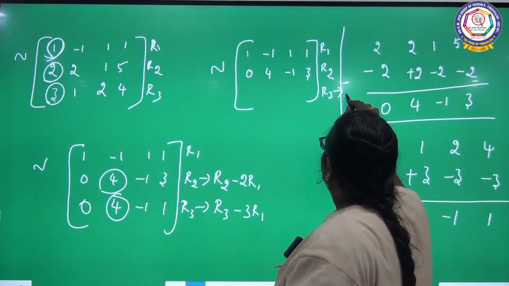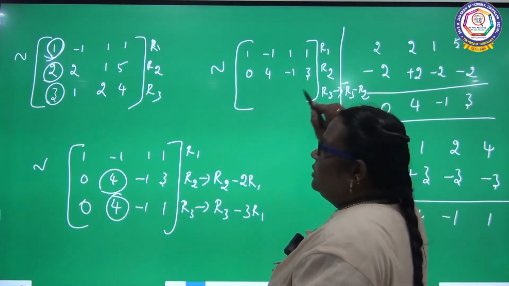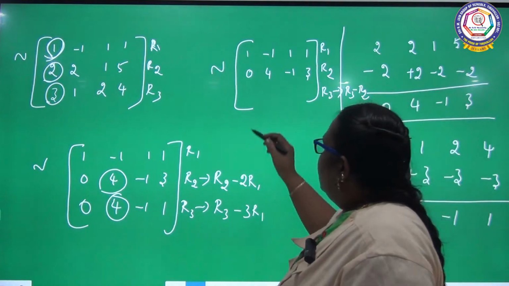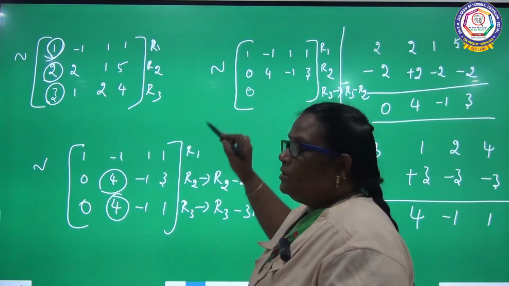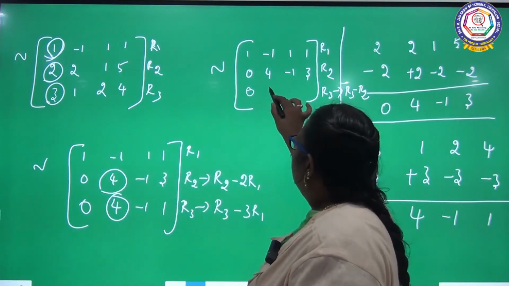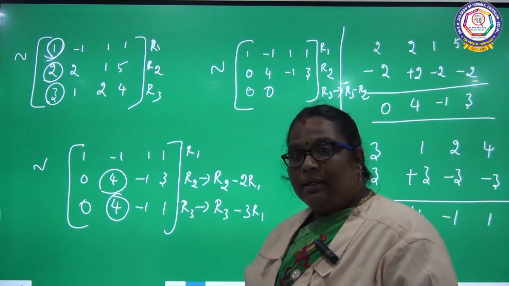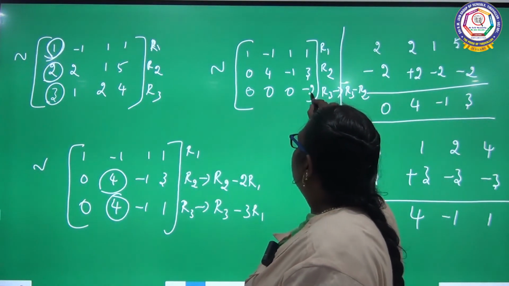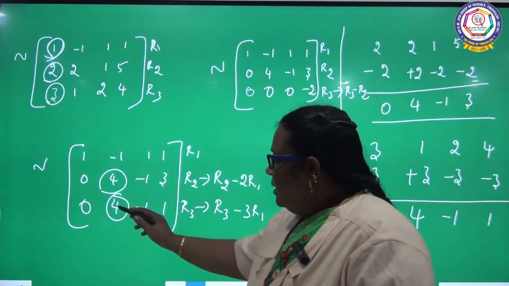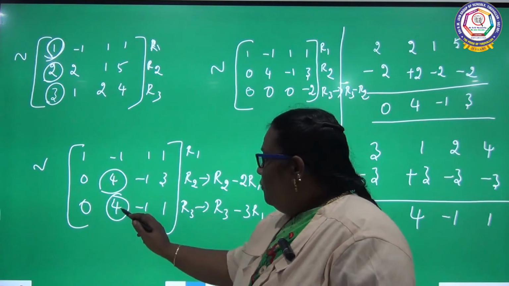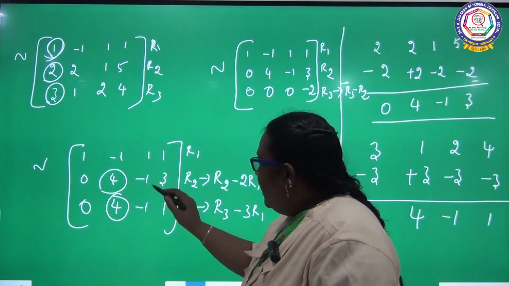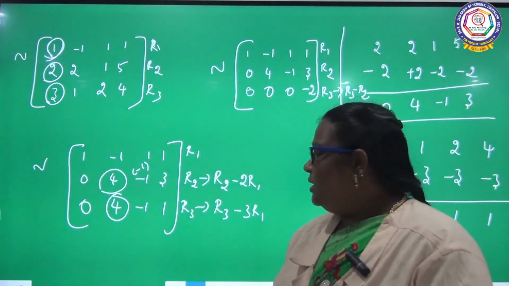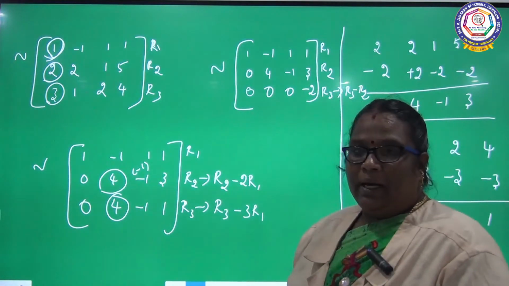R3 gives R3 minus R2. So 0 minus 0 is 0; 4 minus 4 is 0; -1 minus of -1, minus into minus is plus, so -1 plus 1 becomes 0; 1 minus 3 is -2.